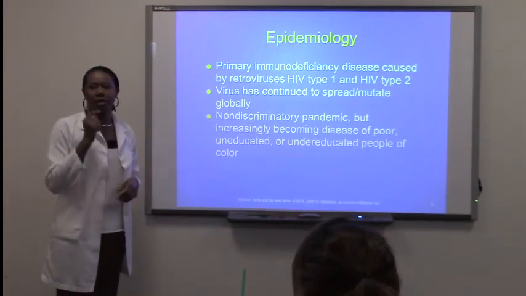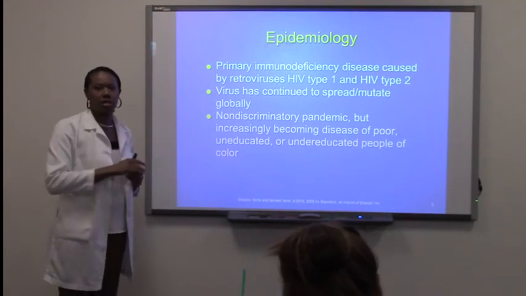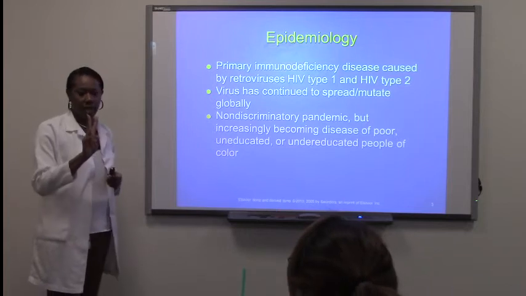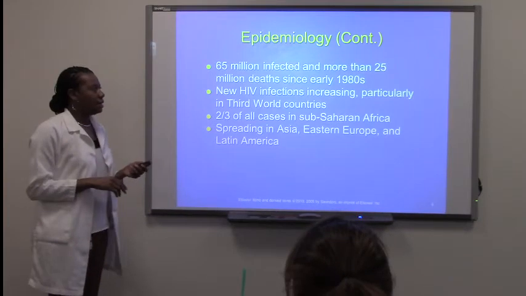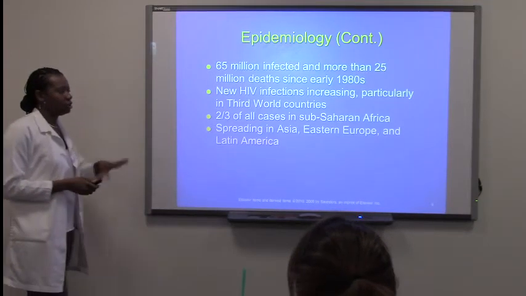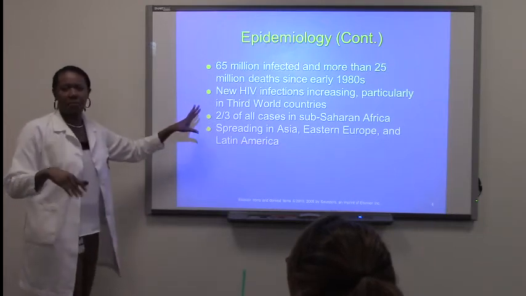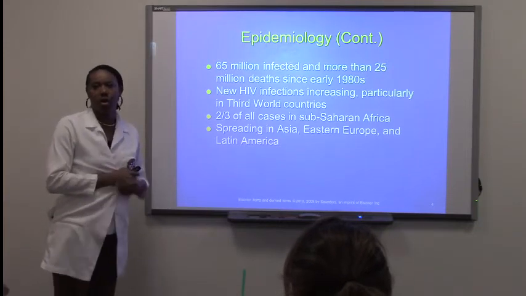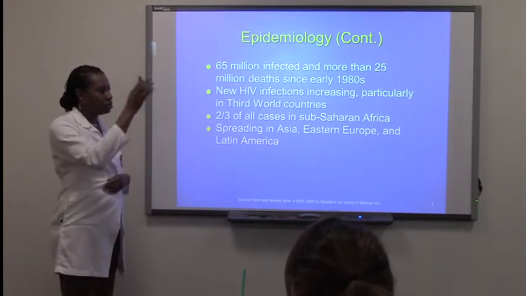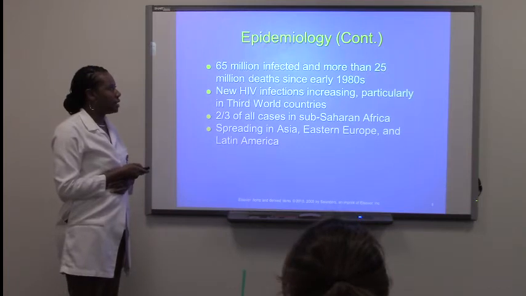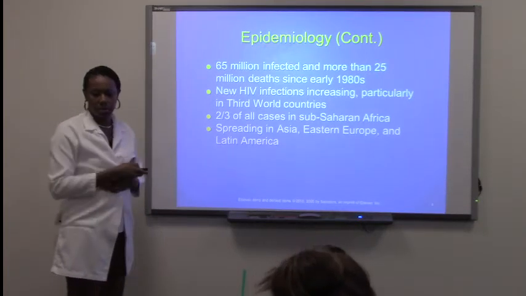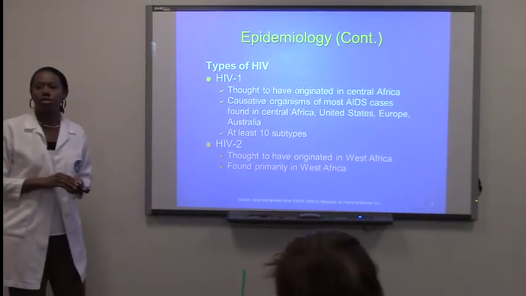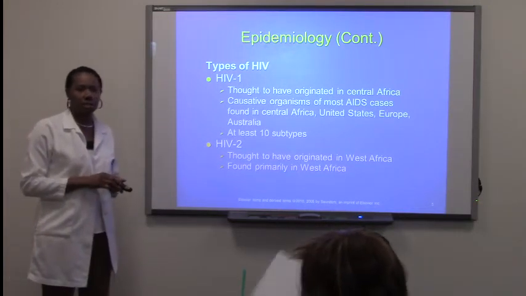Okay, so going back to this particular disease, I'm sure you went over this in micro, that there are two different types, type 1 and type 2. This is a common pandemic disease that goes across the board, not just the U.S. and other countries. HIV-1 has at least 10 different subtypes.